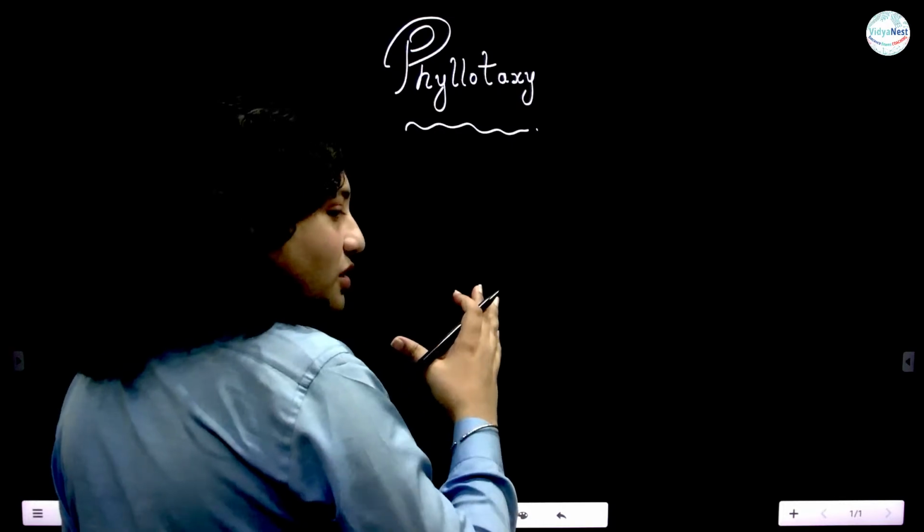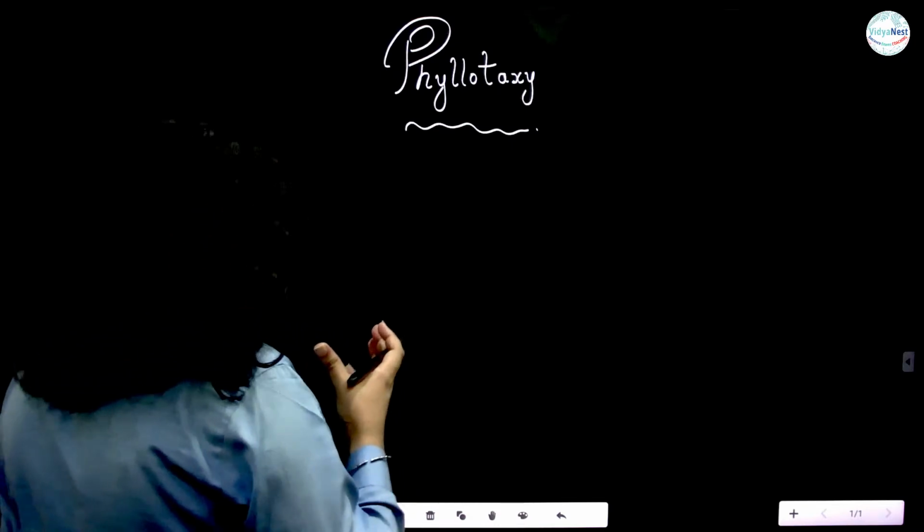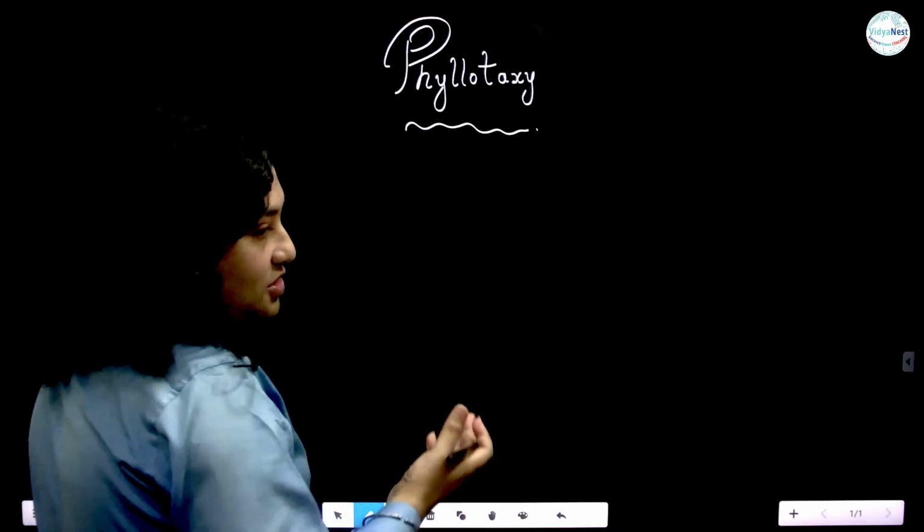So first of all, we need to understand what we mean by phyllotaxy. What is phyllotaxy? Basically, it is a mode or pattern of arrangement of leaves on the stem and its branches.